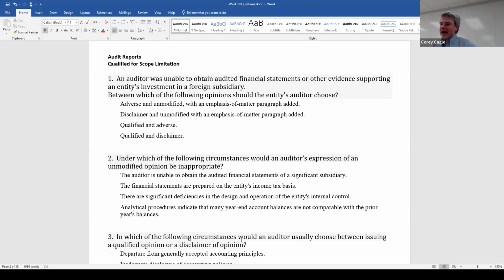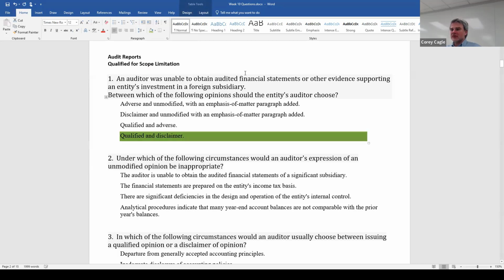There's no GAAP departure here. It's an audit problem. We can't check some stuff. So we're either going to qualify it or disclaim it altogether. Disclaiming opinion says we render no opinion on this. So the answer is D. Scope limitation would lead to a choice of those two. This is a classic question right here.